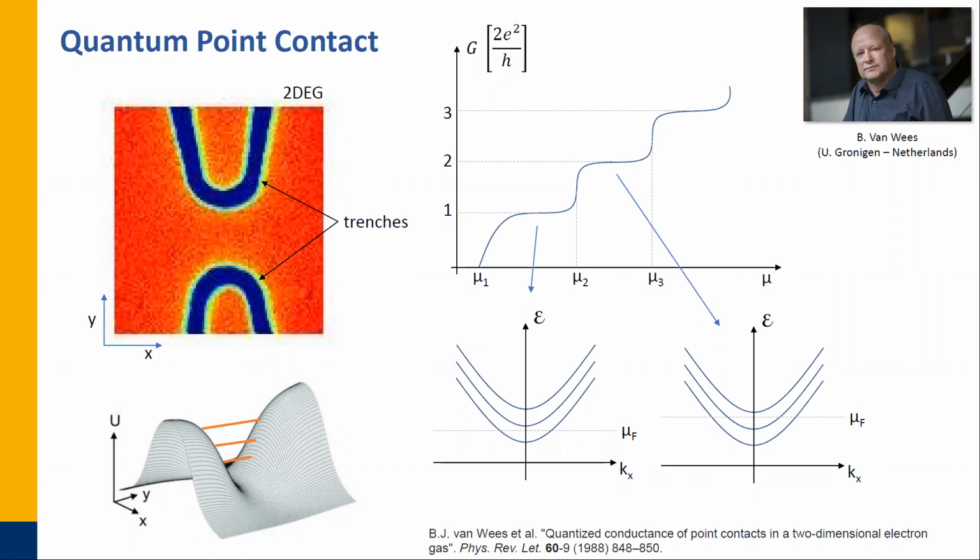Since we have this constriction, we have quantized modes. As you can see here, this is the potential, and then you see the modes. Every time a mode passes through the Fermi energy, we get a quantum of conductance, so we see this staircase shape here. Beautiful. It was measured experimentally, and we have known this since the late 80s.